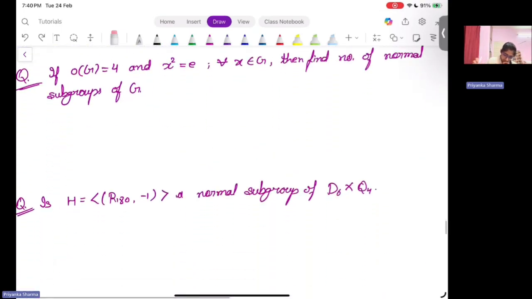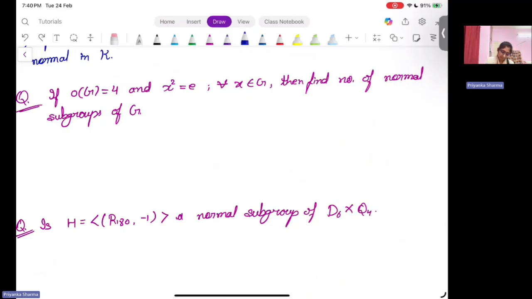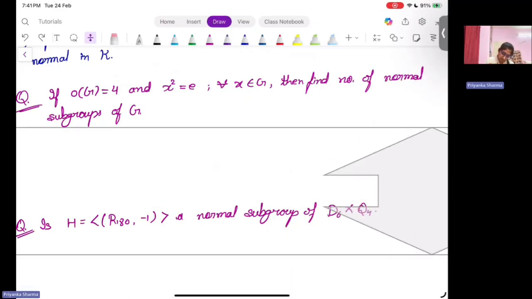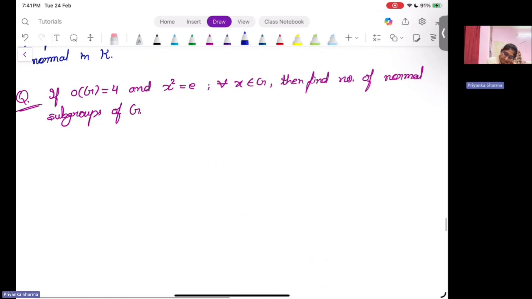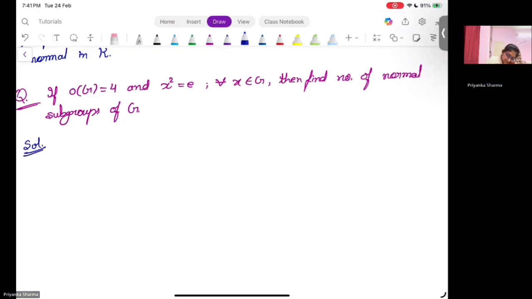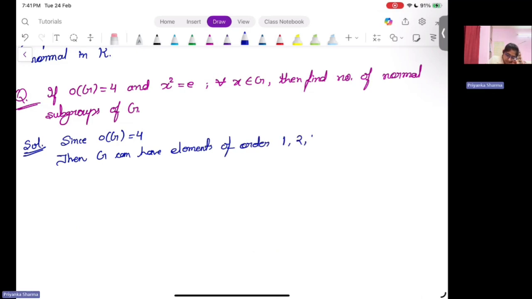So let's do some questions. First one, if the order of G is 4 and x square is identity for all x belongs to G, then find the number of normal subgroups of G. Since the order of G is 4, G can have elements of order either 1, 2 or 4.